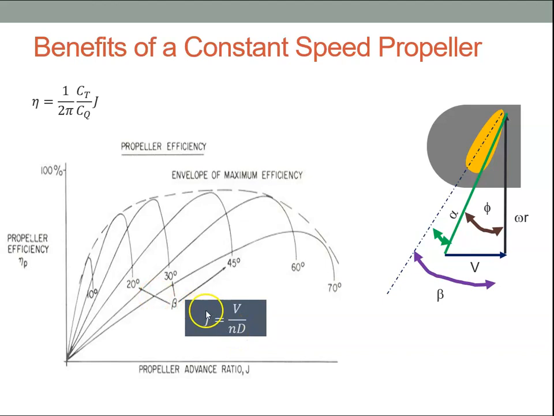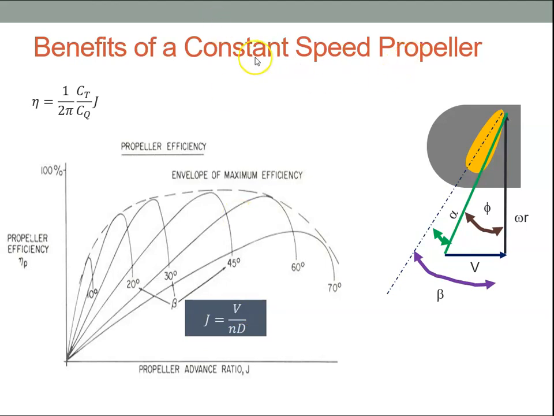To get the maximum efficiency, it's finding that sweet spot between the aircraft velocity and the revs per second. So it would be nice if this was constant. If we could keep this constant, then the advance ratio is only a function of the velocity of the aircraft, which is the airspeed indicator.